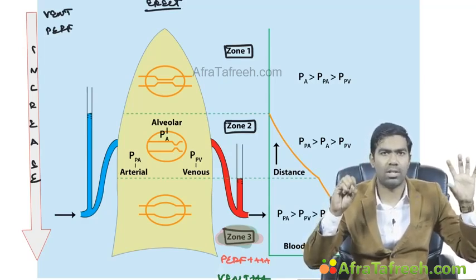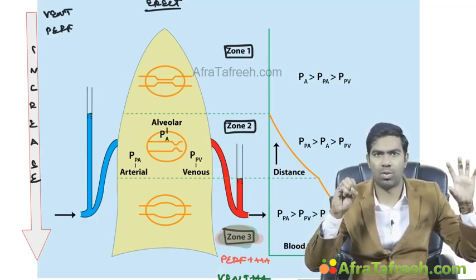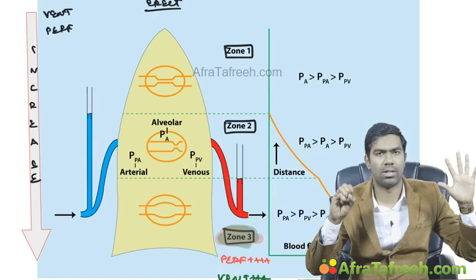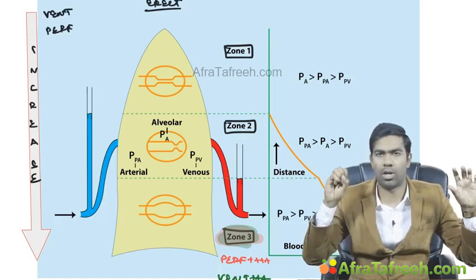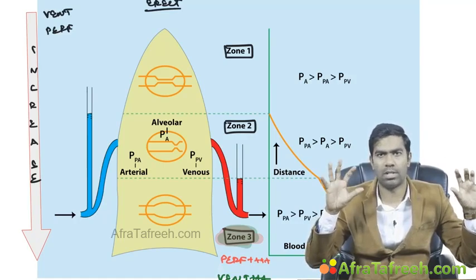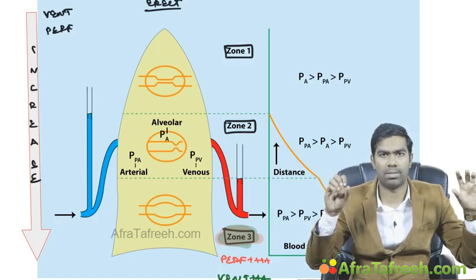So if you ask me during inspiration what will happen to zone 3, zone 1? Zone 1 alveoli will expand. Fine. And during expiration, same position. Inspiration, expiration, inspiration, expiration. But on the contrary, what is happening to zone 3 alveoli? Inspiration, expiration, inspiration, expiration.